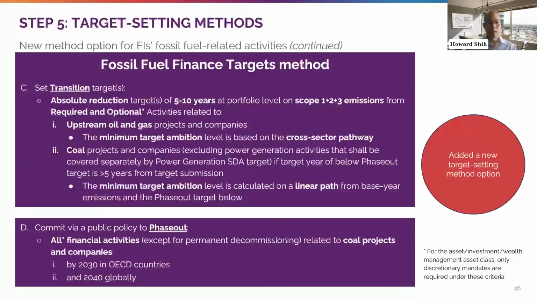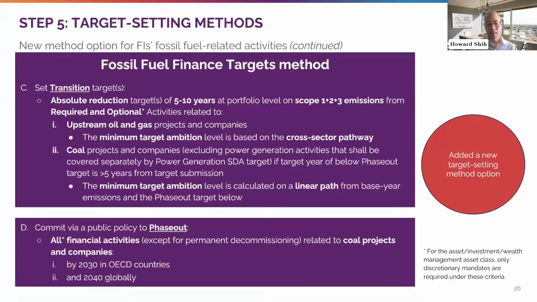So third is that FIs must set an absolute emissions reduction target of 5 to 10 years on the scope 1, 2, and 3 emissions from required and optional activities that are related to upstream oil and gas projects and companies. Here, the minimum target emission level is based on the cross-sector pathway.